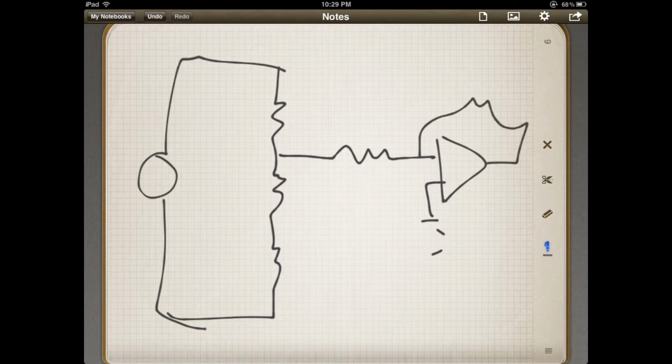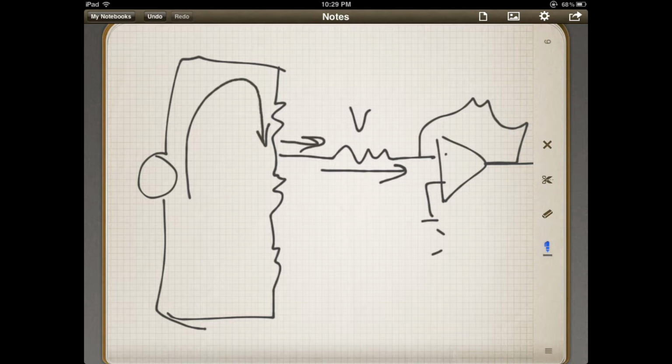The thing is, you're going to grab some current this way, which means you're going to develop a voltage here, and the current from this source is going to go like this, but it's also going to split and go this way.